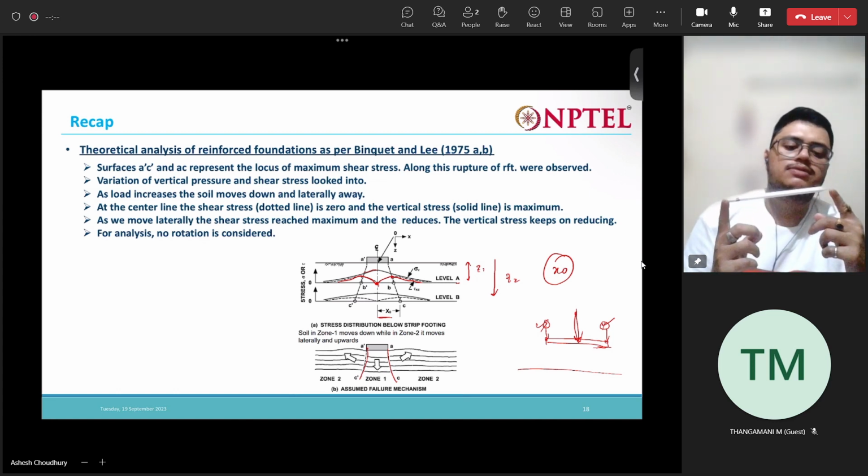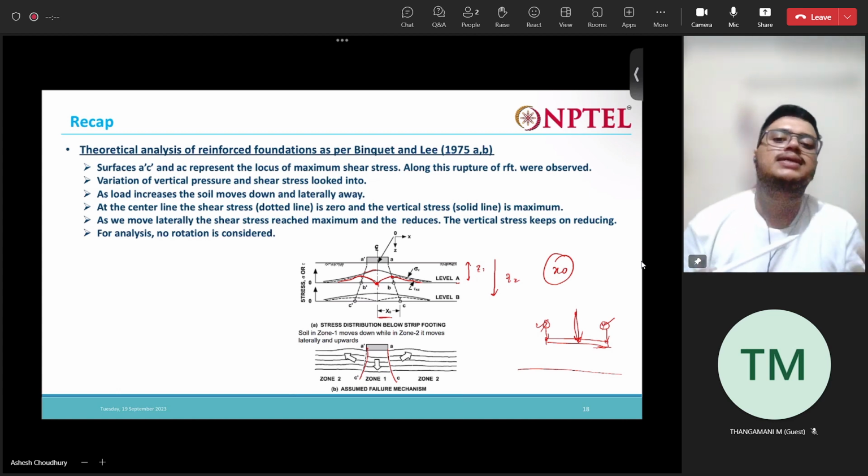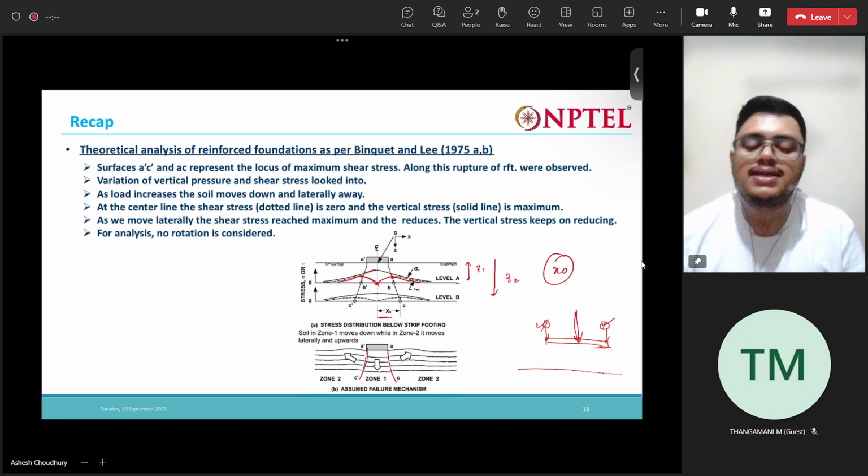So there is a tendency for the footing to rotate, but for simplification, Pinkerton did not consider this rotation.